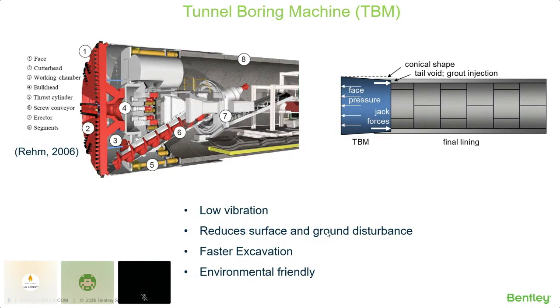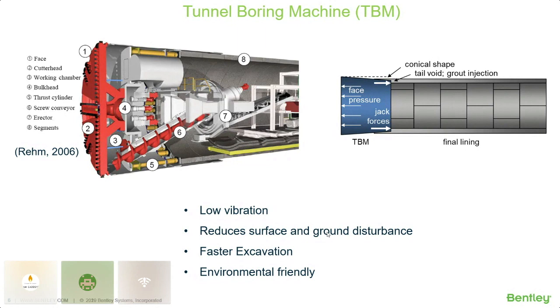So you can assume how big these machines are. The cutter head excavates the material from the tunnel face, and the excavated material is then transferred to the rear of the TBM using the conveyor screw, that is number 6 as shown in the figure on the left hand side.